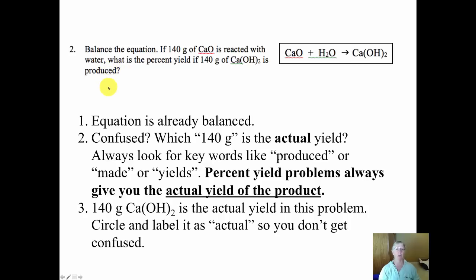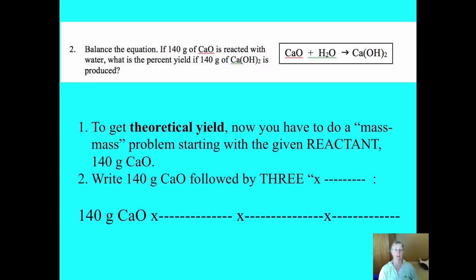So I would recommend that you circle that, label it, write actual by it, and forget about it till later, because you have to do a mass problem with 140 grams of calcium oxide to find the theoretical yield if you were a perfect person. So we've been given our actual yield. Now to get a theoretical yield, almost always we make you do a mass problem.